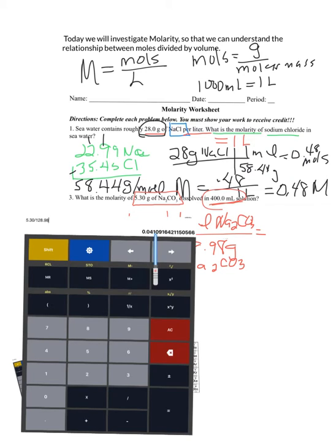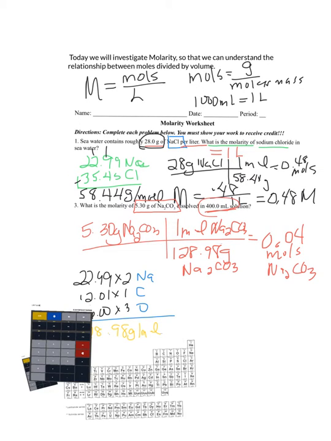Okay, so there's a 1, this is 0, this is not going to change. Only the hundredth place would change if this was over 5. So our answer for number of moles is 0.04 moles of Na2CO3.